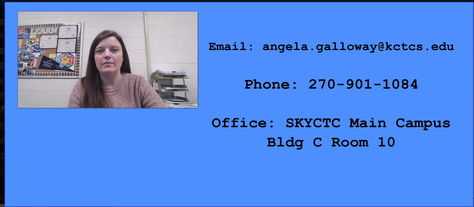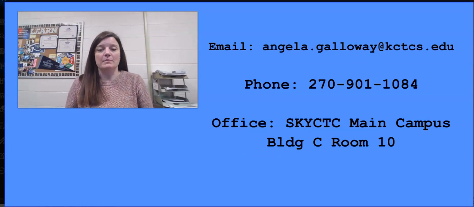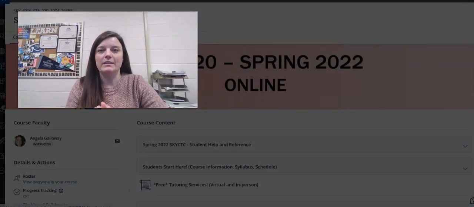Fridays we have virtual office hours, and sometimes I'm teaching lecture classes during the week, so it's easiest if you email me because I have access to email more easily than my phone. If you're local in Bowling Green, I am on the main campus in Building C, Room 10. So that's where my office is.